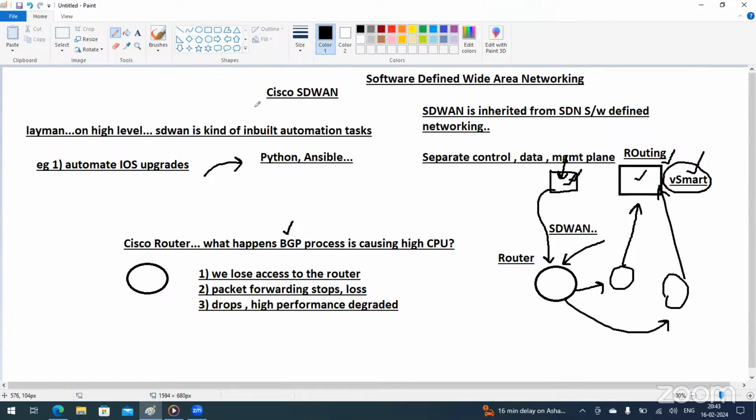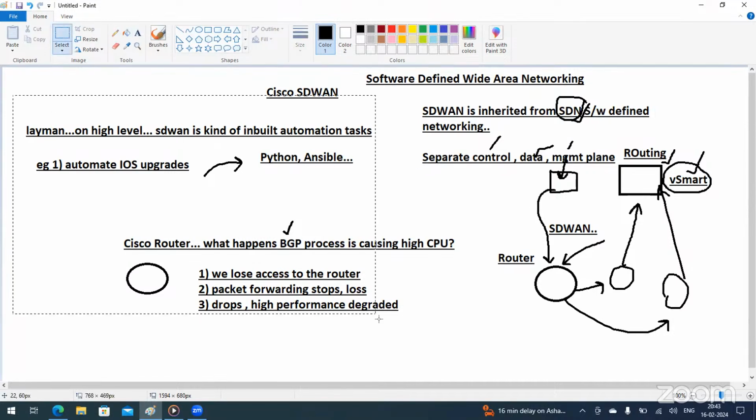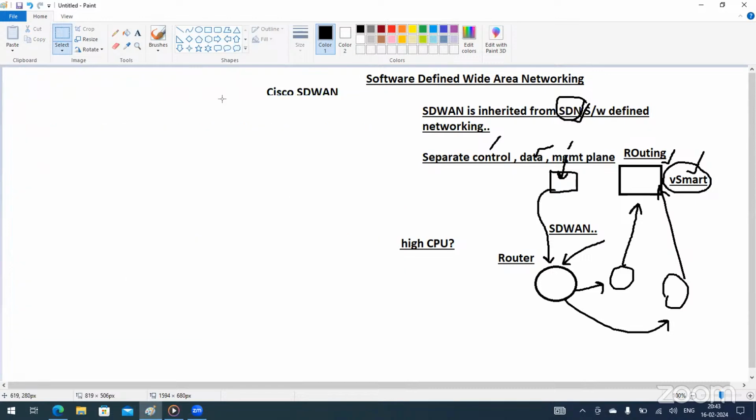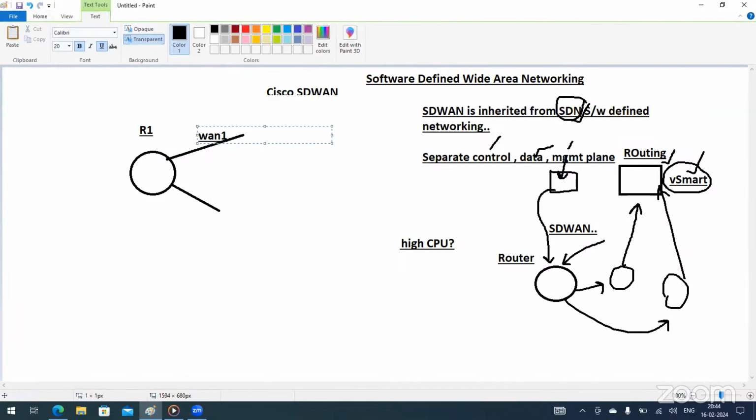So this is a brief about SD-WAN. As I said, it is inherited from SDN. The purpose of SDN is to separate the different planes: control plane, data plane, and management plane. There are various advantages that we have with SD-WAN. On a router, in legacy networking, we have two links, WAN 1 and WAN 2.